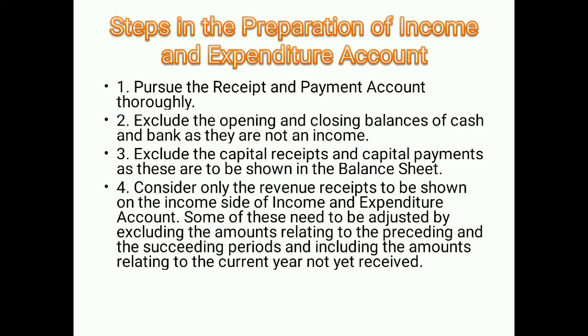But for preparation of the income and expenditure account, we need only the amount of the current year. We don't want the amount of the last year or the next year. What we need is just the amount of the current year.